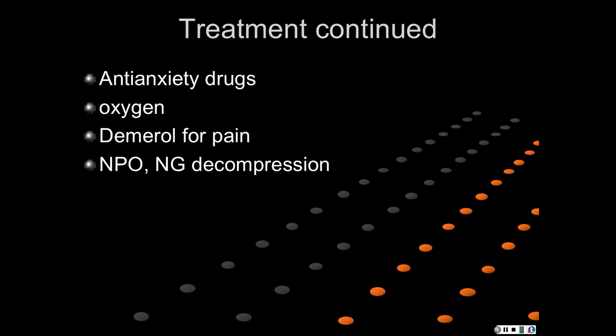Oxygen therapy, because they may be afraid to breathe deeply. They may require anti-anxiety drugs. They require pain medication intravenously, usually by IV push, because oral pain medication is not going to work on these patients. They require everything to be given IV.